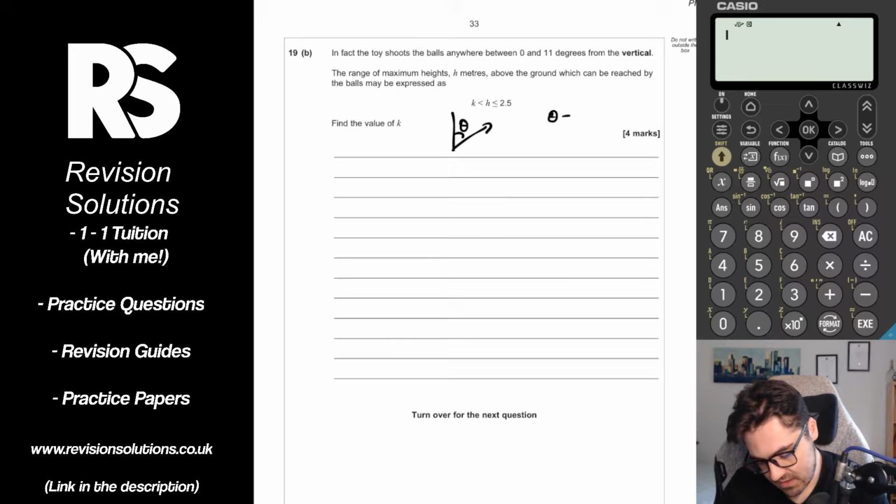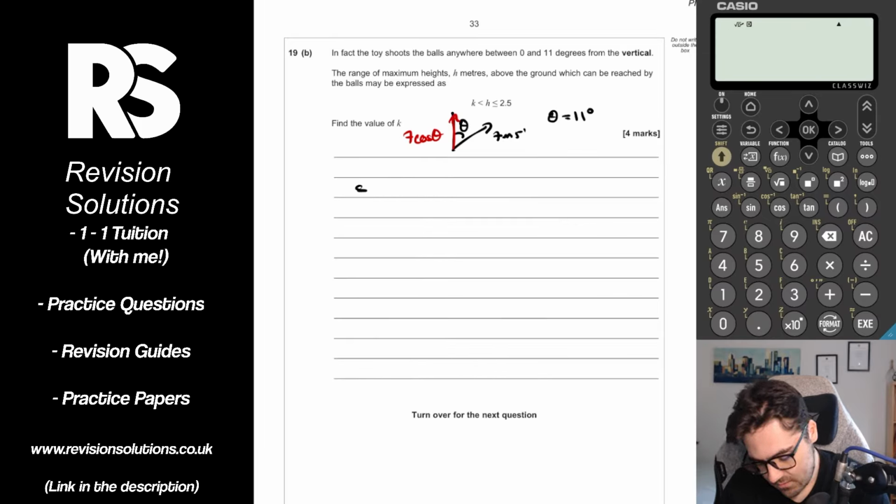So that theta is 11 degrees if we're considering the minimum. And then we can resolve that velocity. If I want the vertical component, that's the adjacent, and the starting velocity is still 7 from before. So this would be 7 cos theta, or cos 11 in my calculation.